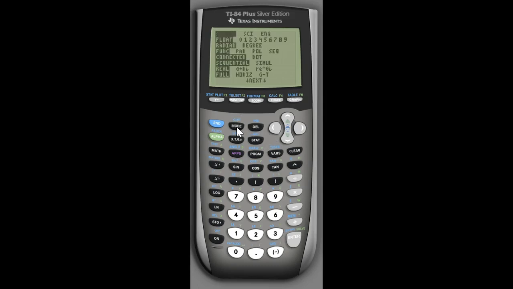So I have to hit the mode button, and the first thing I want to check before I do any of these problems is that the setting that says radian and degree has the degree setting highlighted. So I'm going to put my cursor over top of degree, and I'm going to hit enter. And once I have that, I know that this is working in degrees as the unit for angles as opposed to radians. Okay, so now I'm going to go back to the main screen.